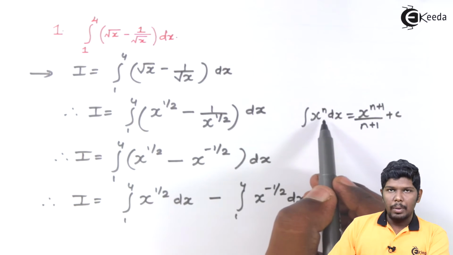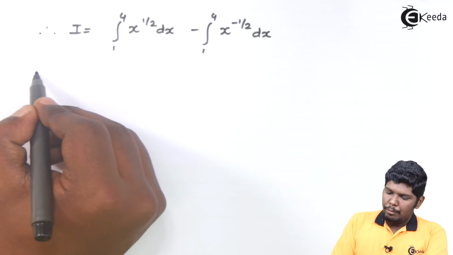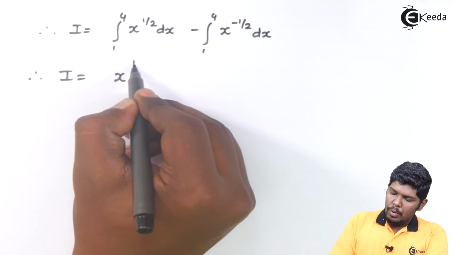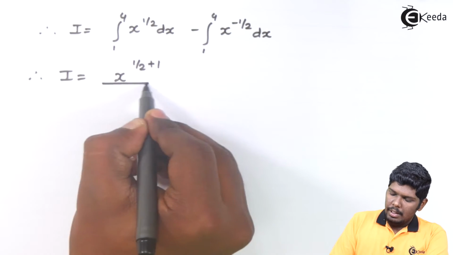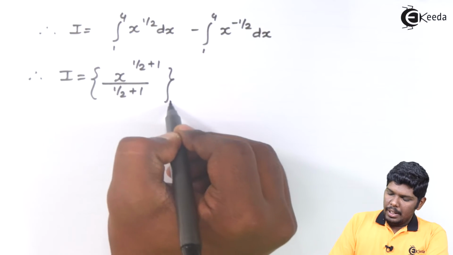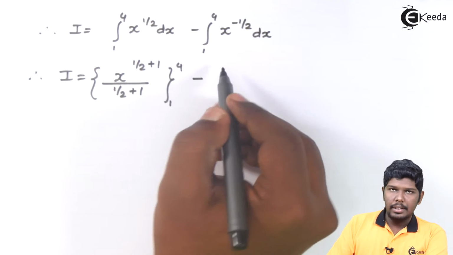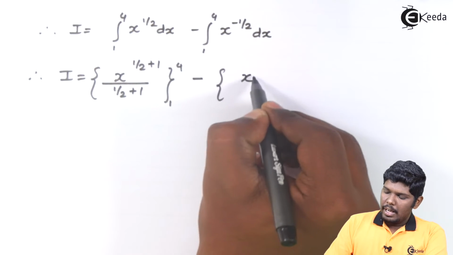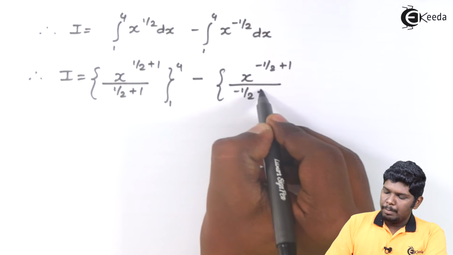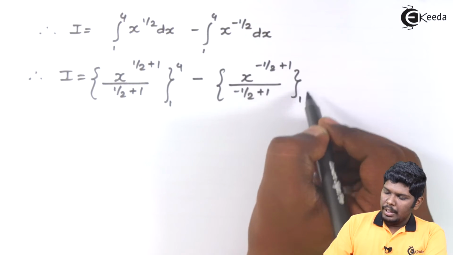So let us use this formula. Therefore, I is equal to x raised to 1 by 2 plus 1 upon 1 by 2 plus 1 within limits 1 to 4, minus x raised to minus half plus 1 upon minus half plus 1 within limits 1 to 4.